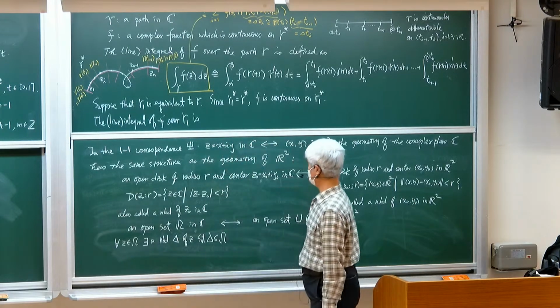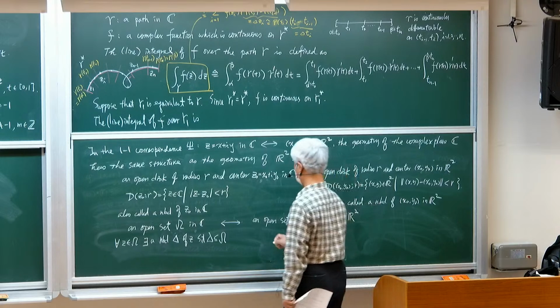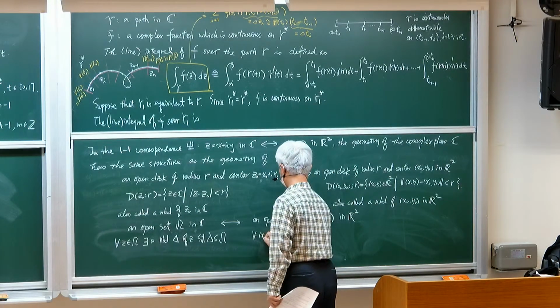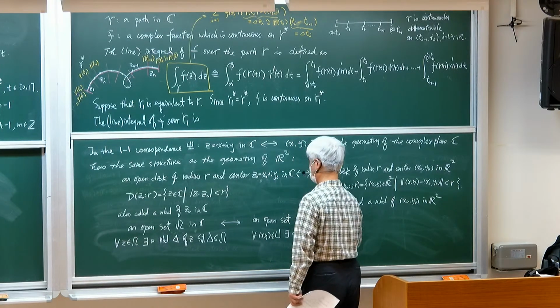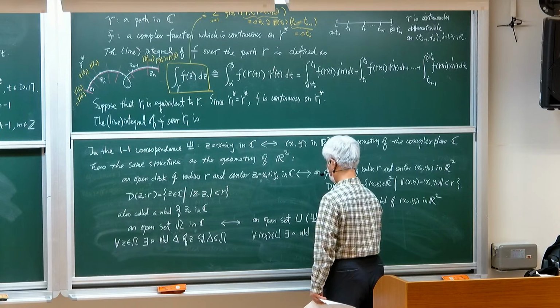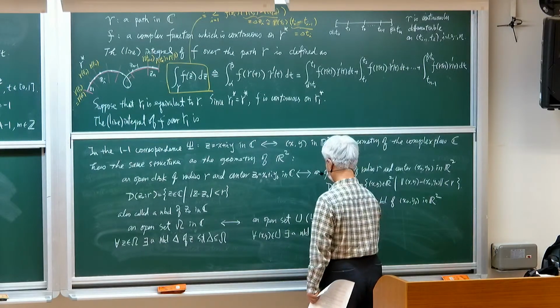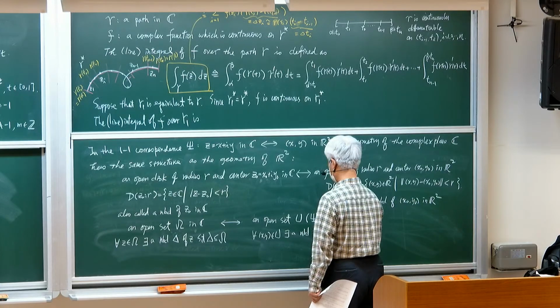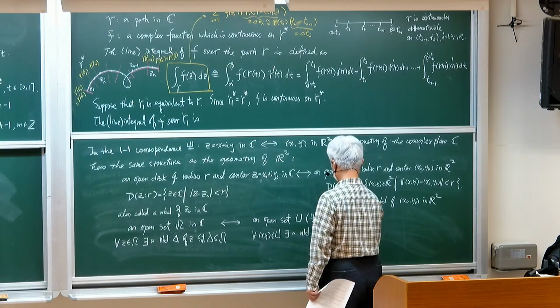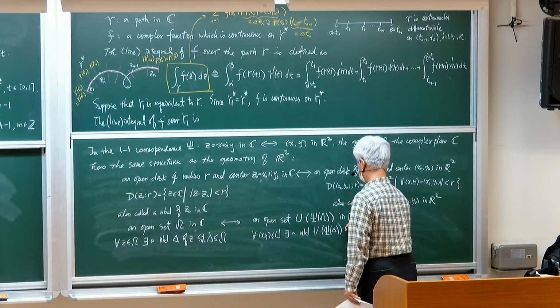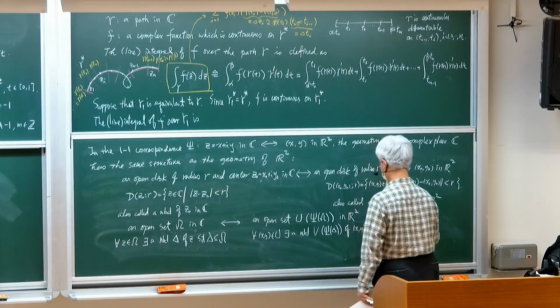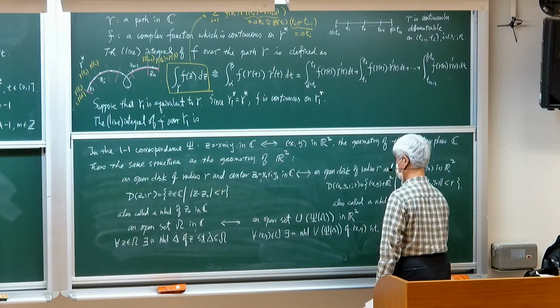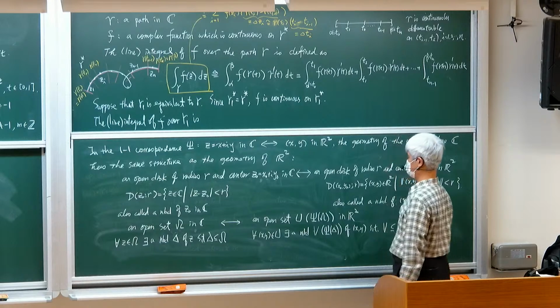And also in R2, for all points (x, y) in U, there exists a neighborhood, called V, which is just D(delta) of (x, y), such that V is contained in U.